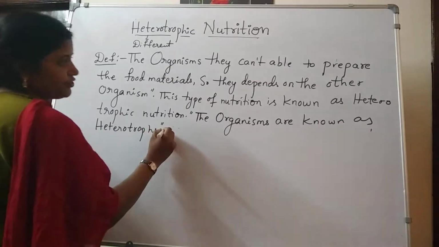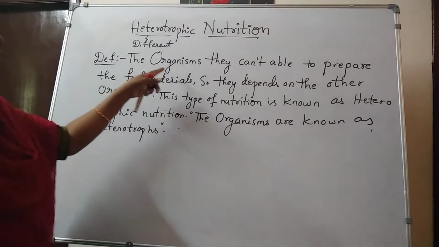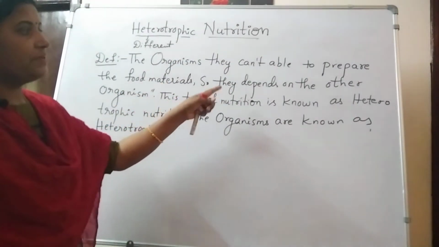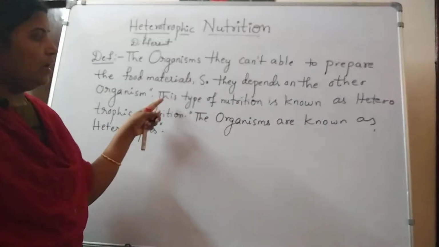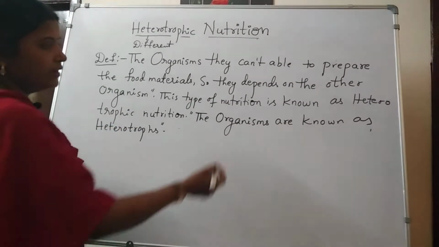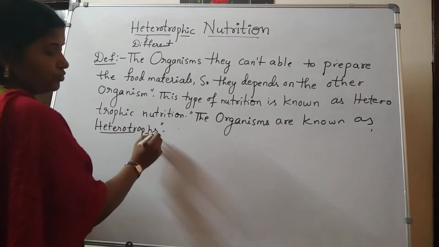This will be the definition. The organisms that can't prepare food materials depend on other organisms. This type of nutrition is known as heterotrophic nutrition, and the organisms are called heterotrophs.